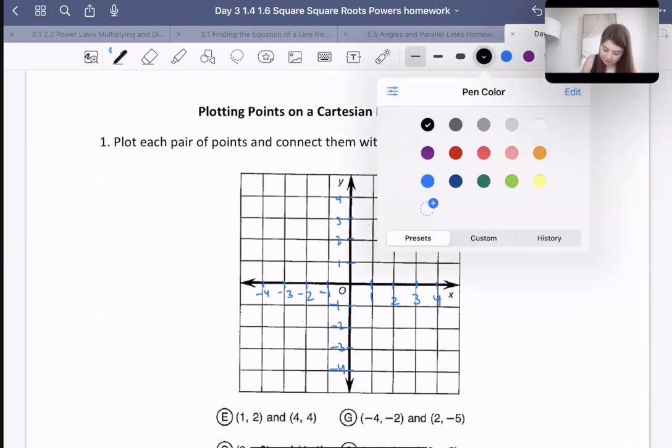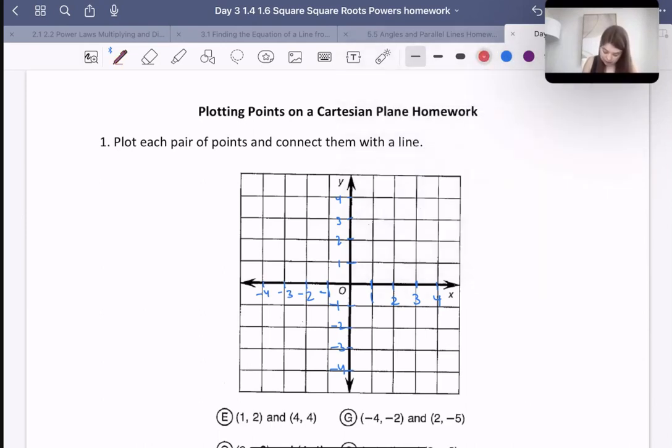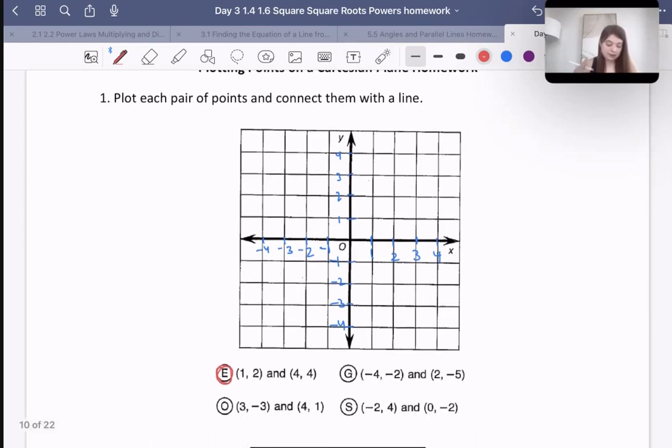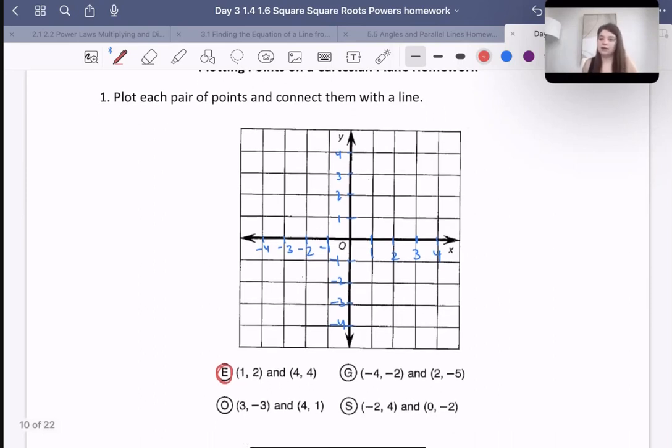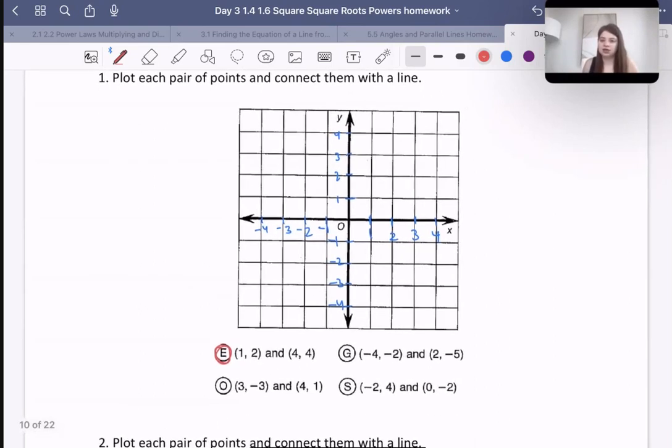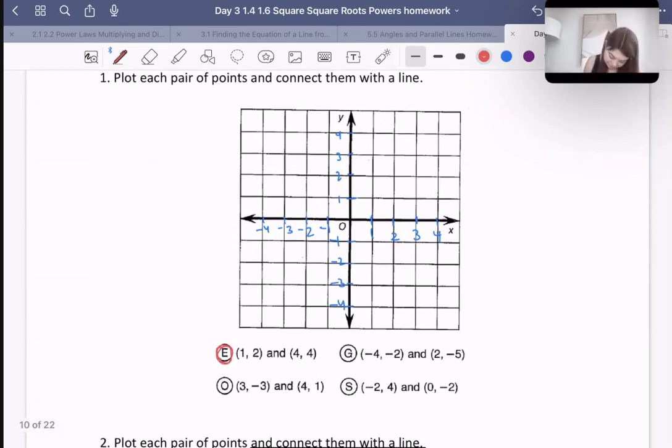Okay. So now let's do line E. I'm going to plot these points. Just a reminder, or maybe this isn't a reminder but the first time you're doing it: the first number in each coordinate point represents the x-axis, and the x-axis is this one here. You see a little x right there?